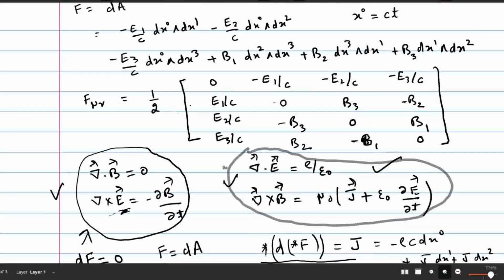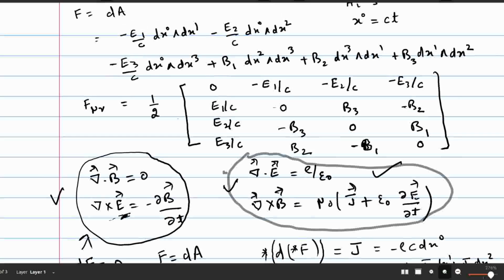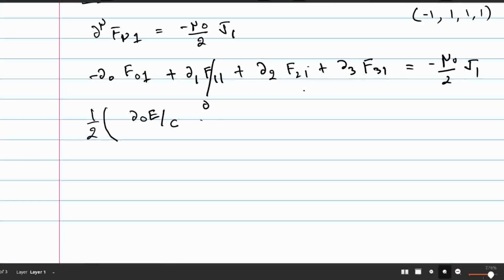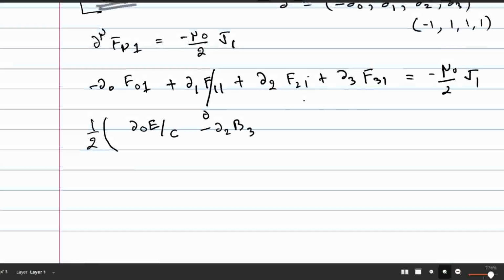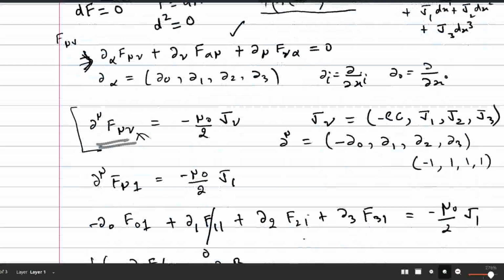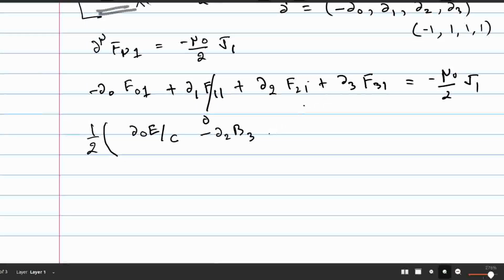F21 is minus B3, so we get minus del 2 B3. And F31 is B2, so we get del 3 B2, minus mu 0 by 2 j1.